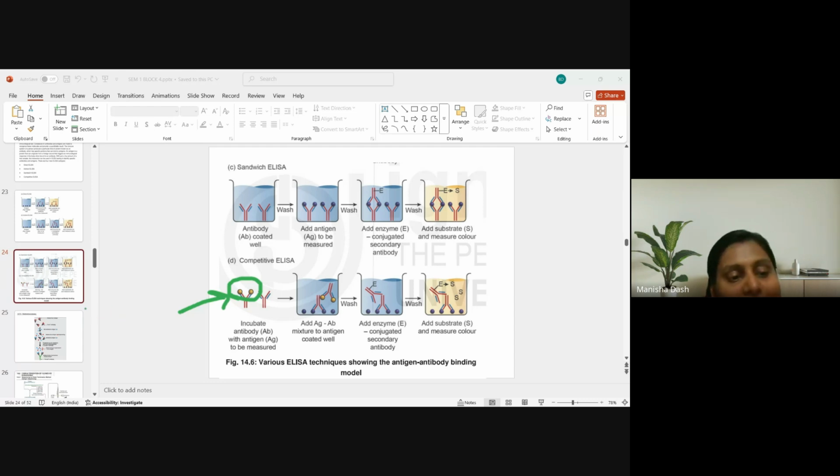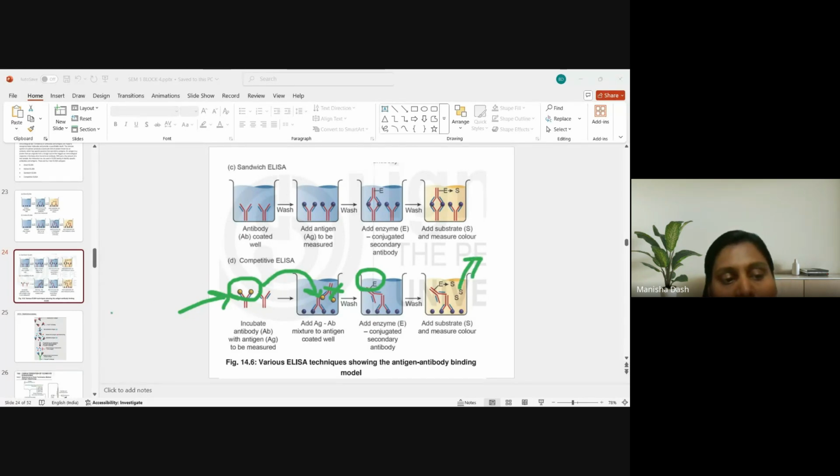So see, only the antibody which is free will go and bind to this well-coated antigen. And this antibody which is already having the antigen will not be bound to this one. So this will be washed in the next step. So only the primary antibody which is bound to the antigen, there only this enzyme-linked secondary antibody will go and bind, and it will give the color product like this.